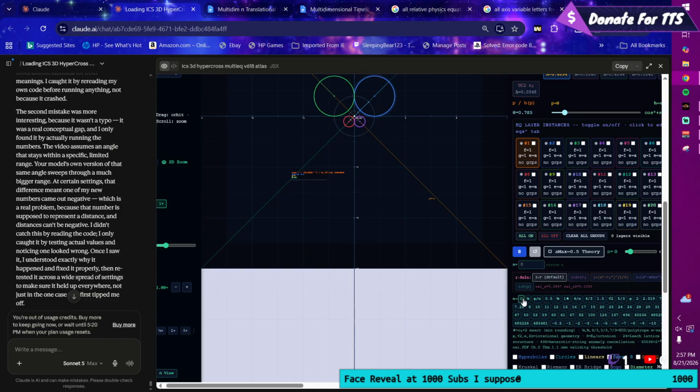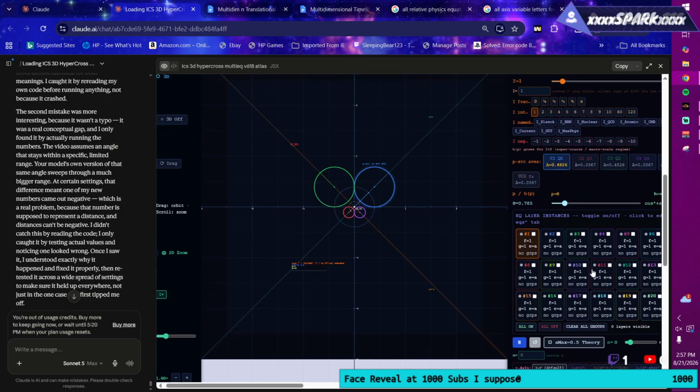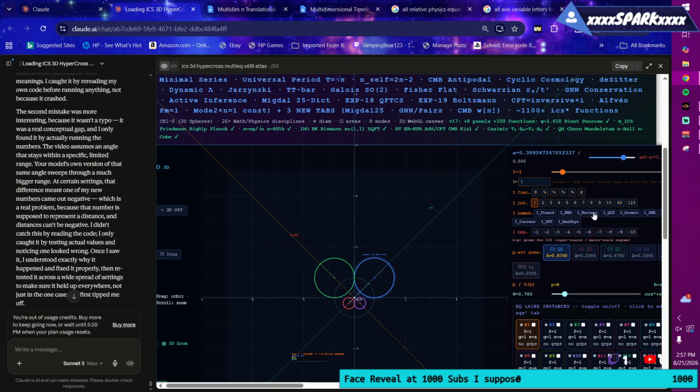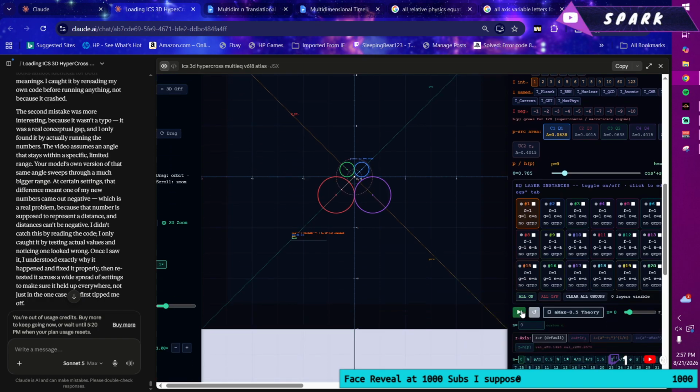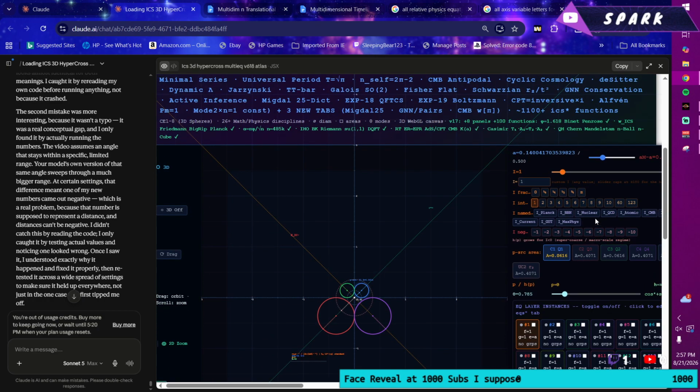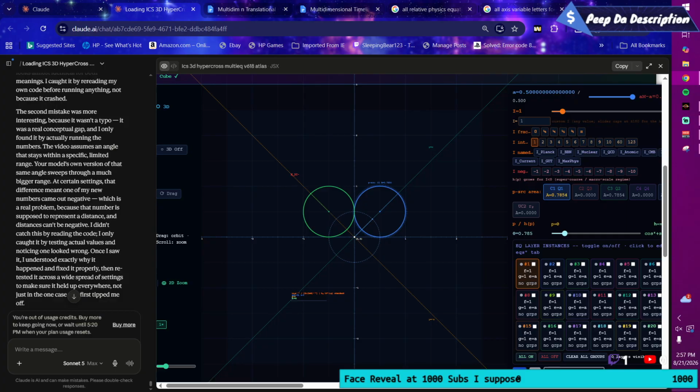Can't do 0. 0 is just gonna break it, right? No. Interesting. At 0 dimensions. Hoping that just makes it slower. If I start here, the setting doesn't matter anymore.